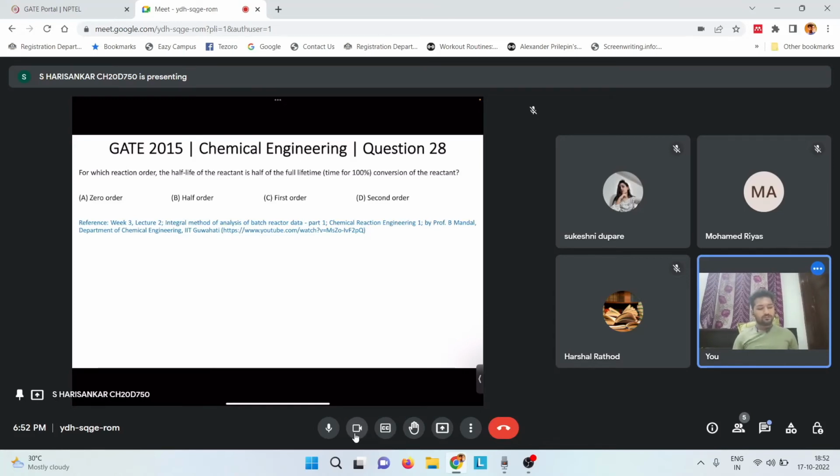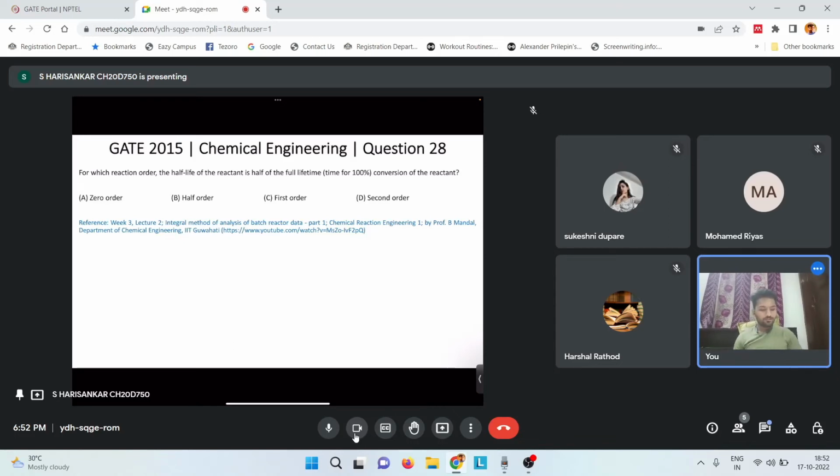This is a question from the reaction kinetics part of chemical reaction engineering, and the reference NPTEL series can be found in week 3, lecture 2, integral method of analysis of batch reactor data, part 1, Chemical Reaction Engineering 1 by Professor B. Mandal, Department of Chemical Engineering, IIT Guwahati.